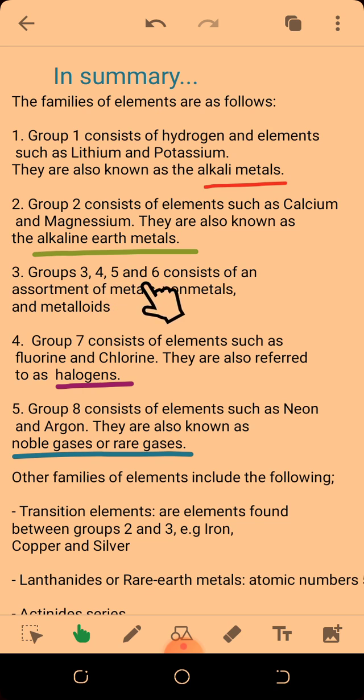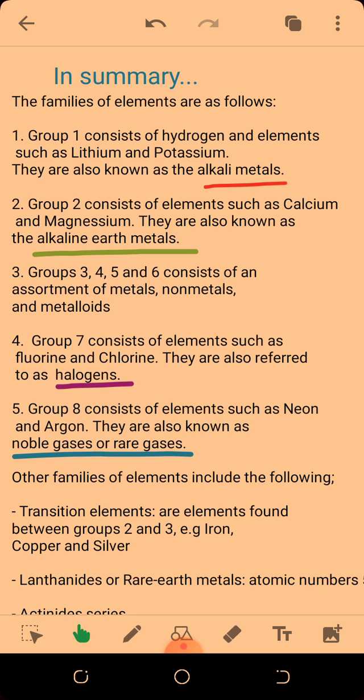Group 3, 4, 5, and 6 are made up of different metals, non-metals, and metalloids, while group 7 elements have 7 electrons in their outermost shell, whereas the noble gases or the group 8 family have a complete outermost shell of 8 electrons, so they do not need to accept or give out electrons.